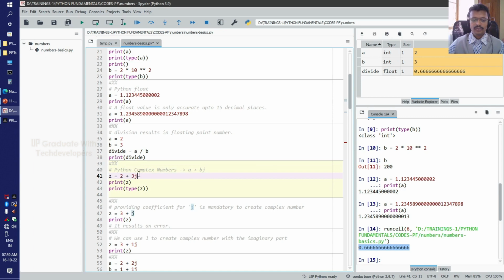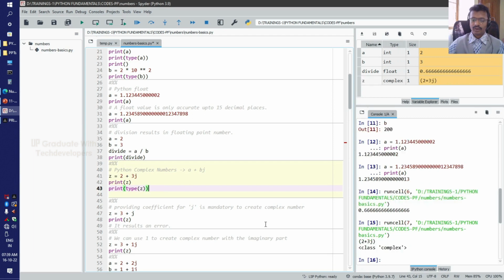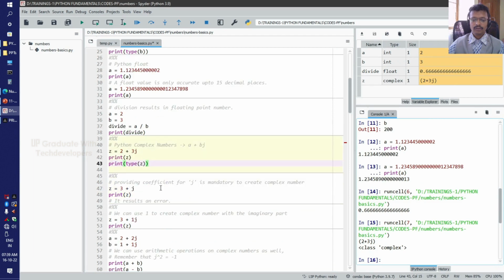For example, here 2 plus 3j is nothing but a complex number. If I check with the type method, we will get the type as complex. So here we got complex. Providing a coefficient for j, meaning for the imaginary part, is mandatory to create a complex number.